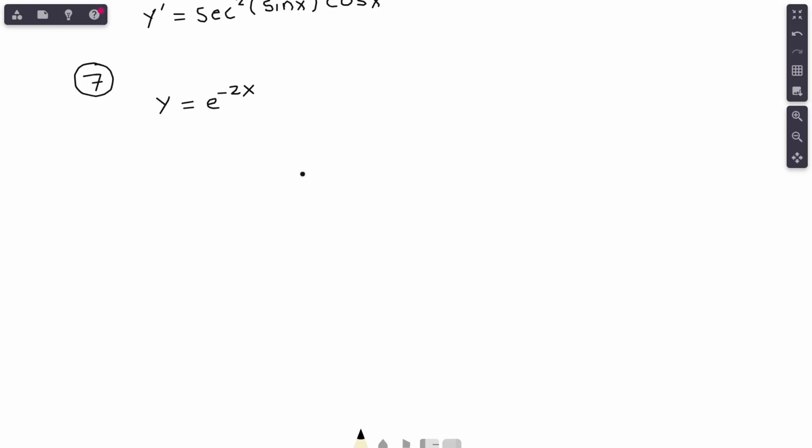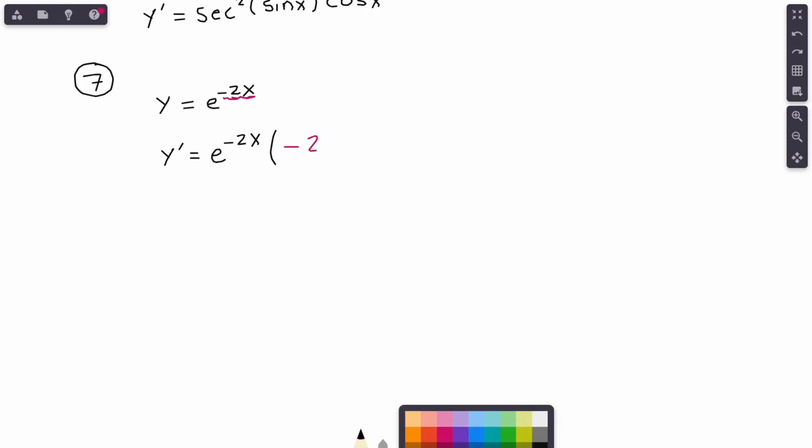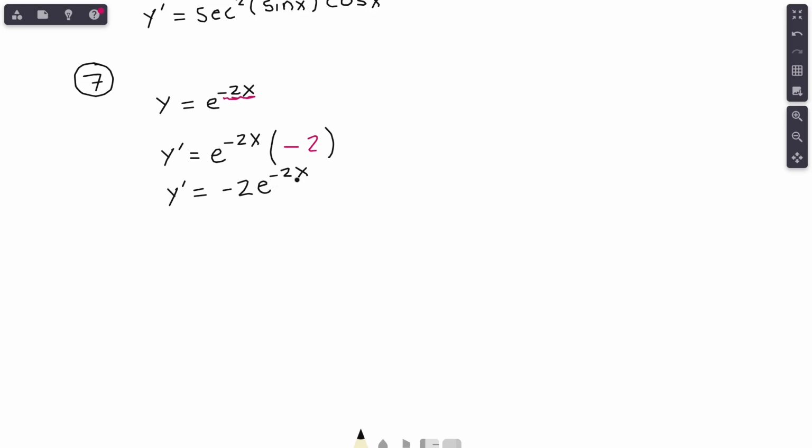Here's how we do it: we just repeat the first part. So we're just going to rewrite the first part, e to the negative 2x. And then we multiply by the derivative of the exponent. So we multiply by the derivative of negative 2x, which is negative 2. Now it's just a matter of cleaning this up. So it's going to be negative 2 e to the negative 2x.